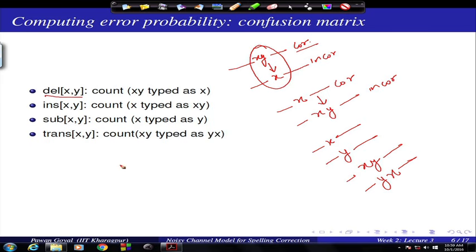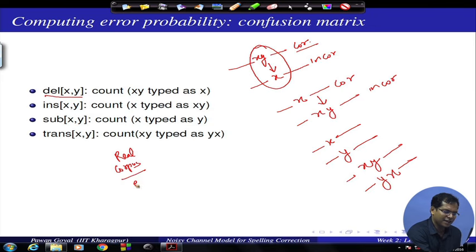I need some sort of data where users have written some text and they have made some mistakes, not knowingly. So they have made some mistakes that in general people do, and somebody has then seen this corpus and tried to correct it. So suppose I have a real corpus that contains various errors, and then I also have a corrected corpus.